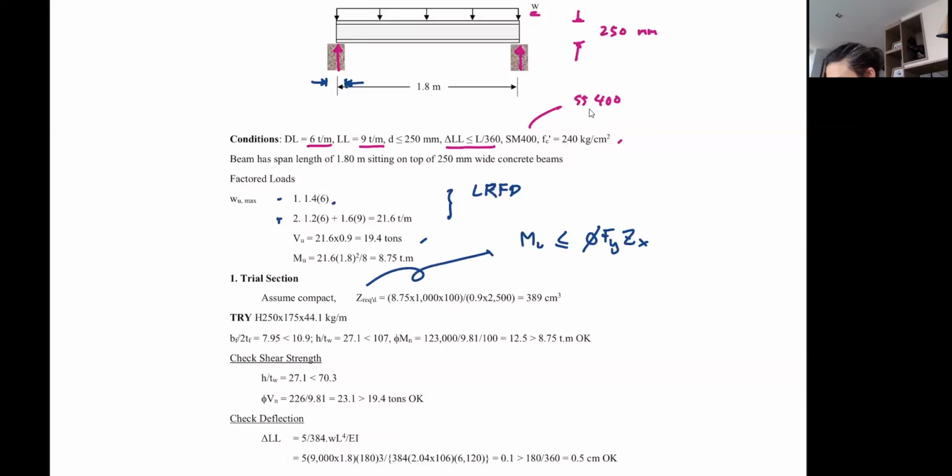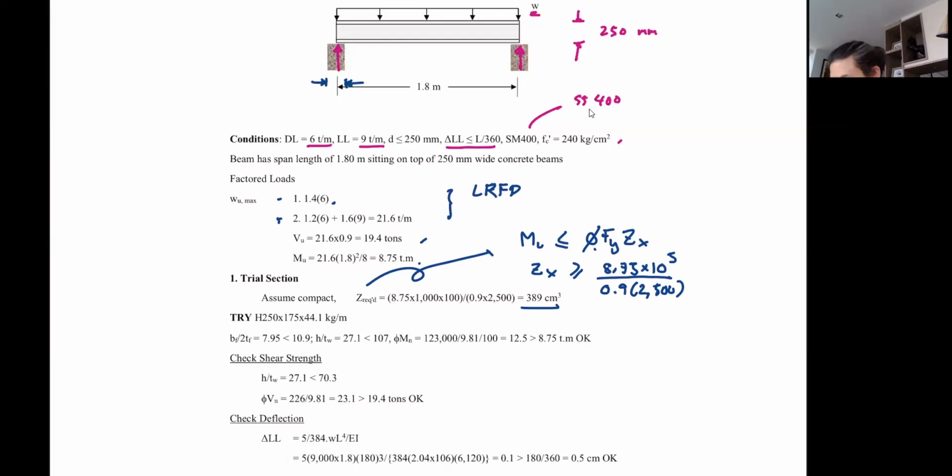So Mu is 8.75 ton-meter. So the Zx will have to be greater than 8.75, which is Mu, multiplied by 10 to the power of 5, and then divided by, you move this to the side, 0.9 and then Fy. So we get 389 as our minimum required number for our plastic section modulus.